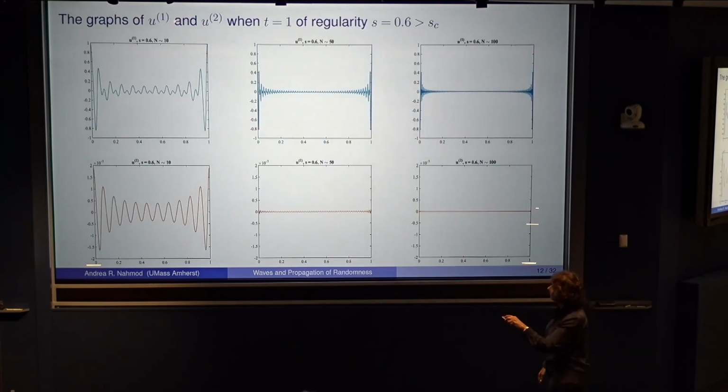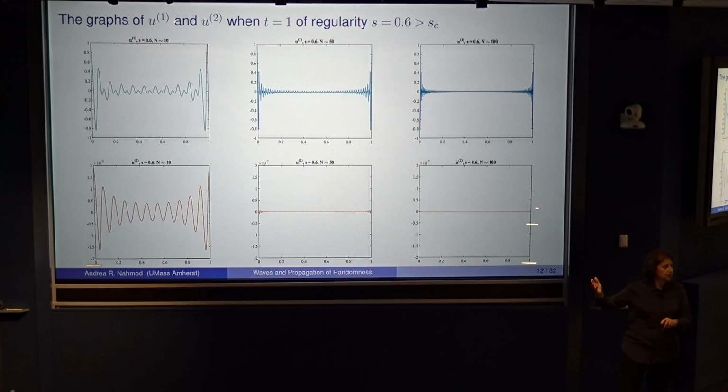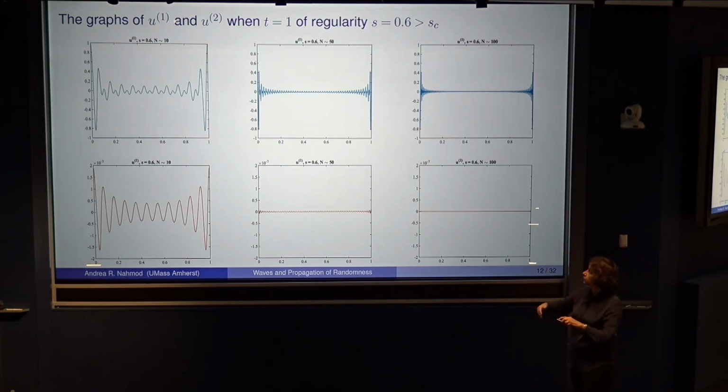So here, U1 is just the linear evolution of some data. I'm taking data that has regularity 0.6. And U2 would be like a Picard iteration: U2 is the solution of the Schrodinger equation with nonlinearity U1. So you put U1 in the nonlinearity, so it's the next iteration.